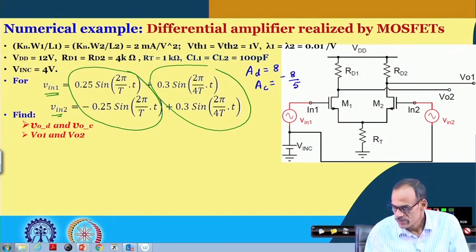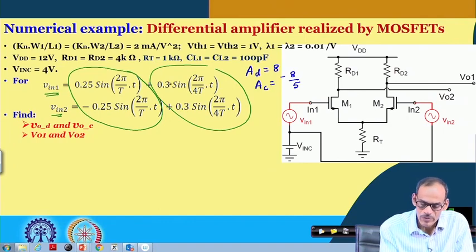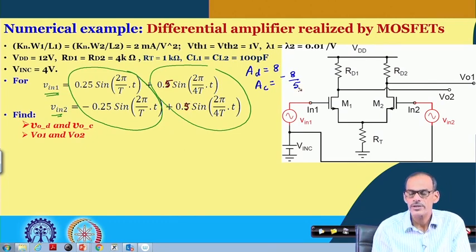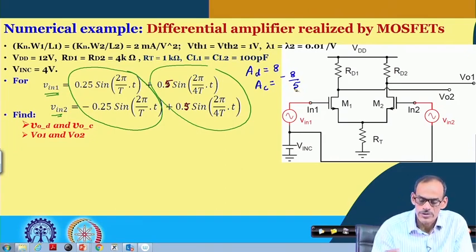Now, for simplicity of calculation, let me consider this common mode part as 0.5 instead of 0.3, as the common mode gain is minus 8 by 5, since we have 5 in the denominator. So, let me consider 0.5.